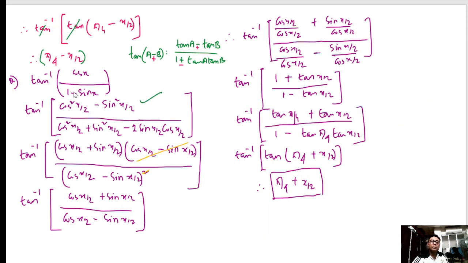In place of 1 I am writing cos square x by 2 plus sin square x by 2, and in place of sin x I am writing 2 sin x by 2 cos x by 2. So the upper one is a plus b into a minus b, and the lower one is the a minus b whole square formula. So the square and this cut, so it is this. Now again dividing each term by cos x by 2.